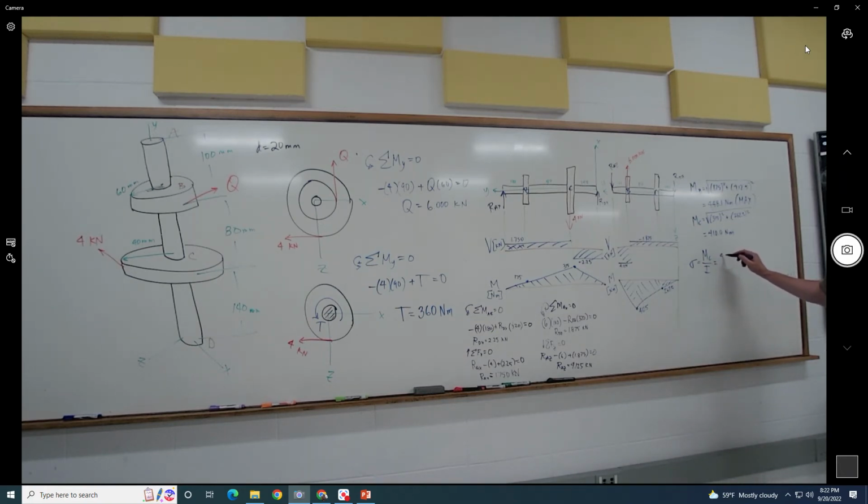So we have 448.1, and we decided arbitrarily to make a 20 millimeter shaft. We'll see if our arbitrary works. We want pi over 64 times 0.02 to the fourth. And so we have 448.1 times 0.01.